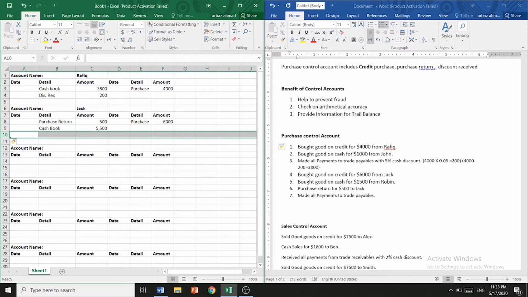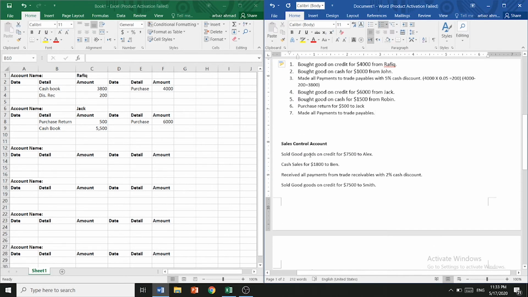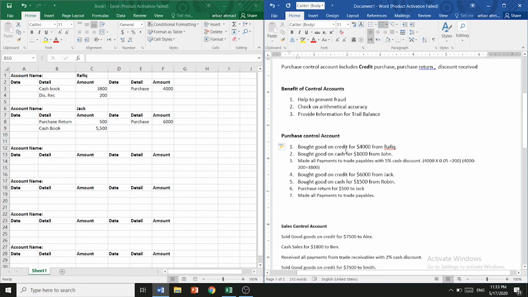I haven't considered any bad debts, but okay, this is purchase. So maybe when we are doing the sales account we can consider some bad debts also. But for this, now I'm going to have the purchase control account. I hope it will give a clearer understanding of what a control account is really about.